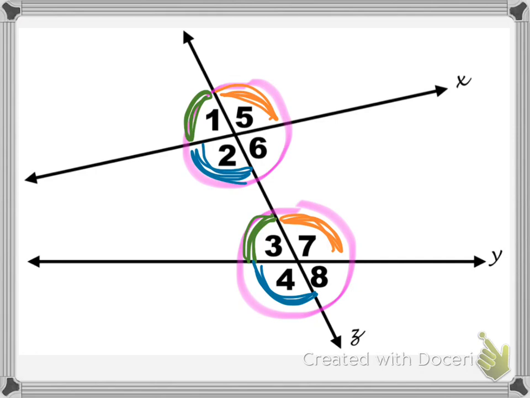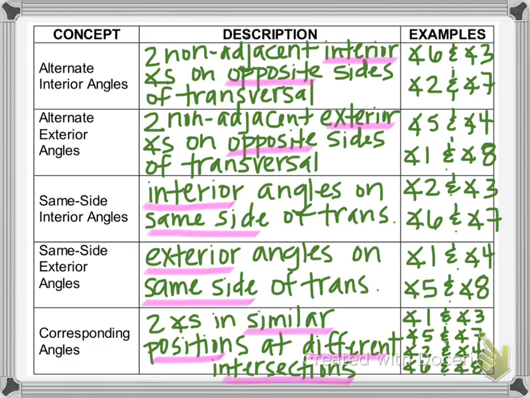And the angles in the lower right position are angles 6 and 8. So we actually have 4 pairs of corresponding angles. So go ahead and add those examples of corresponding angles. They were angles 1 and 3, angles 5 and 7, angles 2 and 4, and angles 6 and 8.